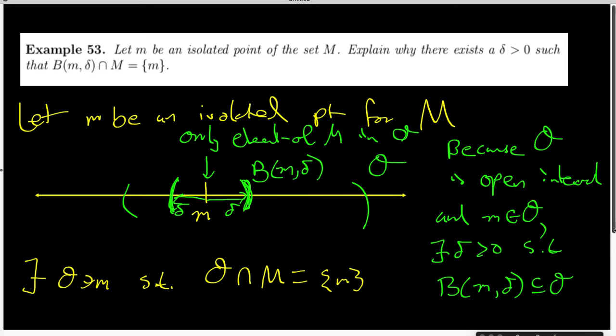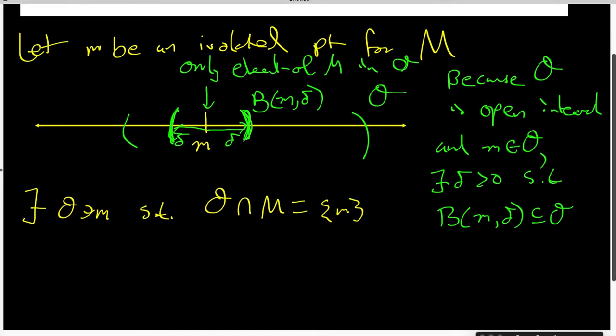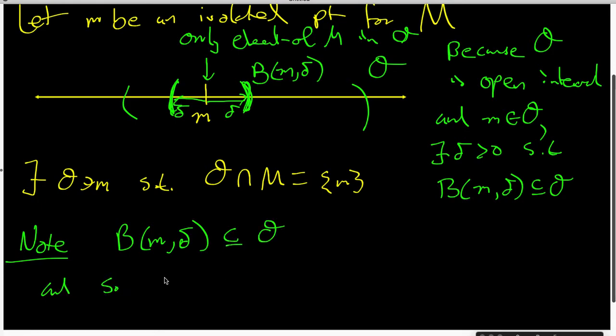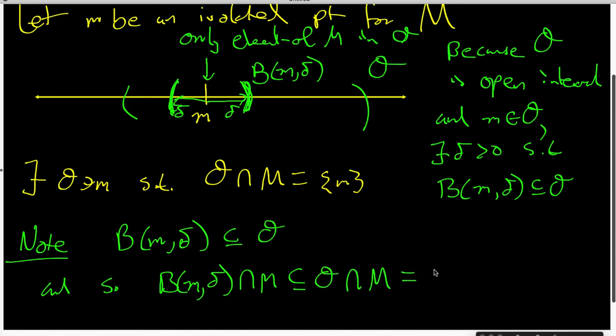What I want to note is the following. The delta ball is a subset of O, and so the delta ball intersected with capital M has to be a subset of O intersected with capital M, but O intersected with capital M is just the singleton set containing just little m.